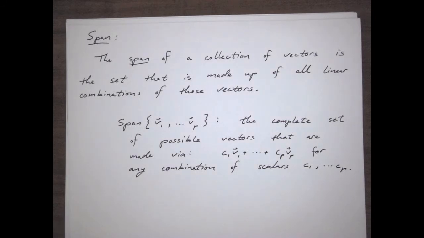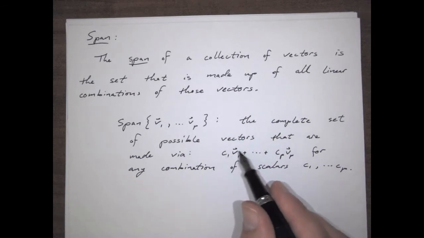So I can make any element of the span of a collection of vectors by just choosing out of thin air all the weights that I want to apply to each one.